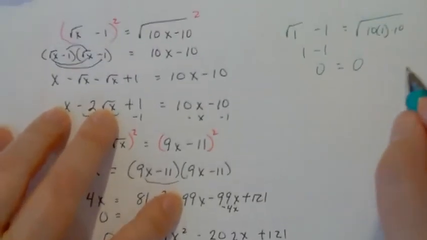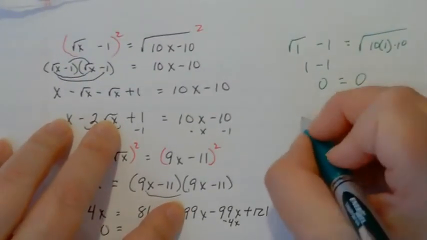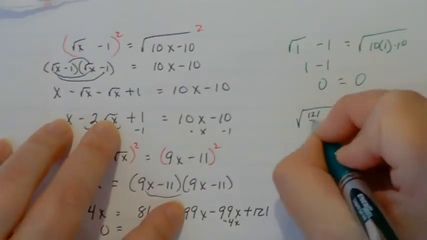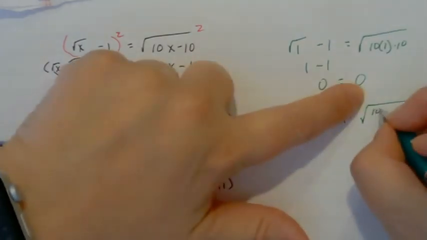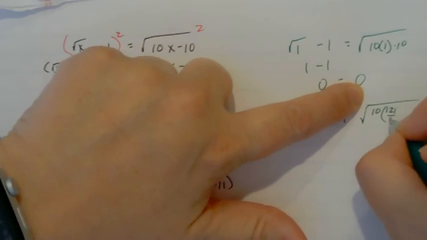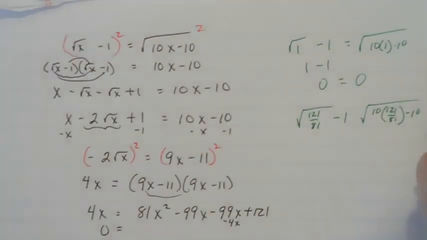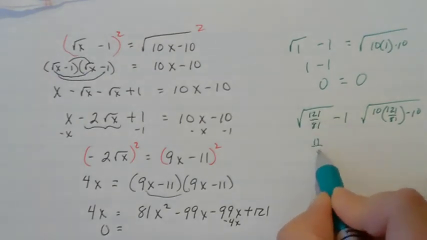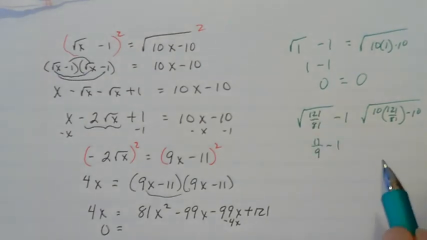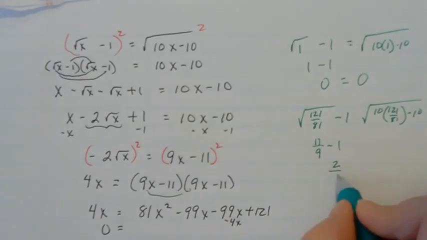I'm going to try 121 over 81. So I've got square root of 121 over 81 minus 1 equals 10 times 121 over 81 minus 10. 121 over 81, that's 11 ninths minus 1, which is 2 ninths.